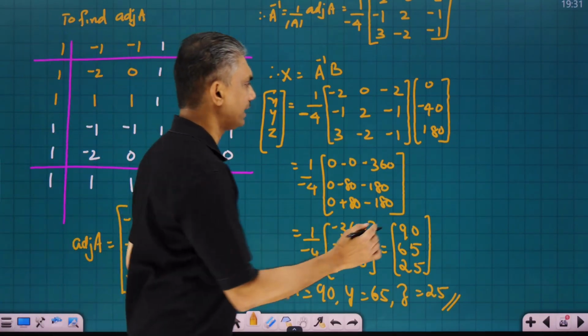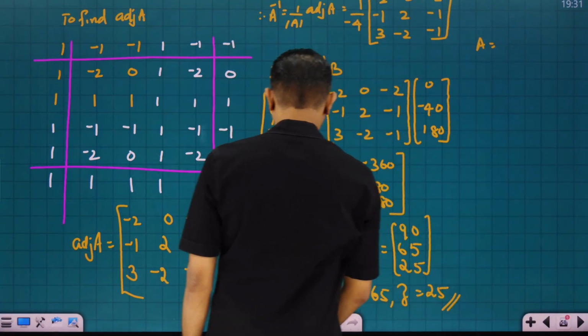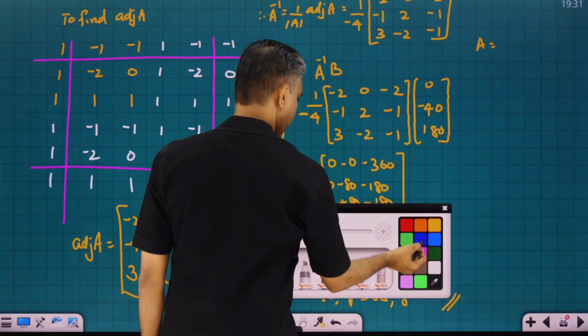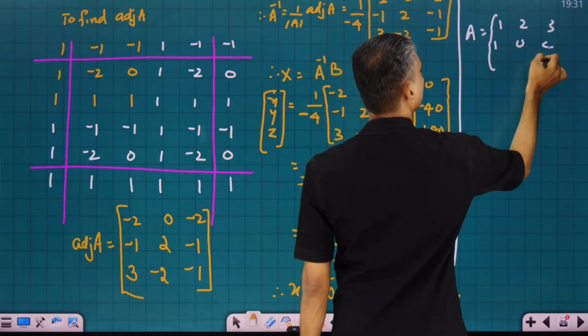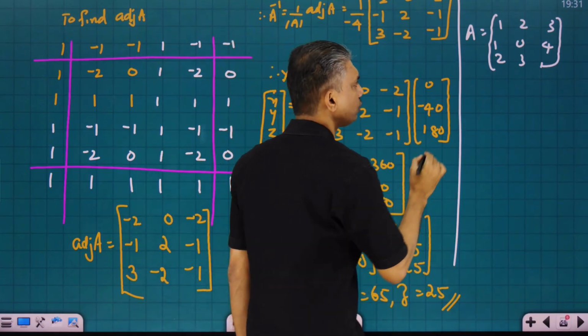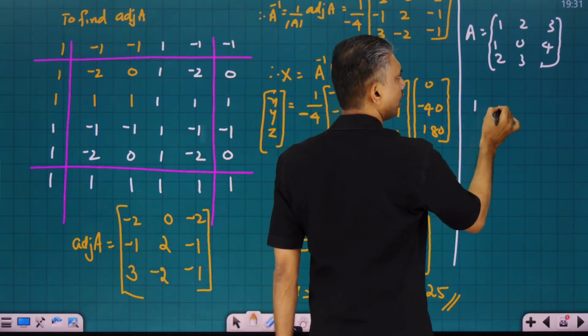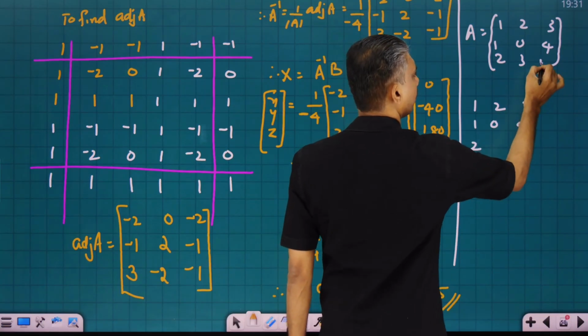Suppose you have a matrix A equal to 1 2 3, 1 0 4, 2 3 1. If you want to find adj A, just write 1 2 3, 1 0 4, 2 3 1.